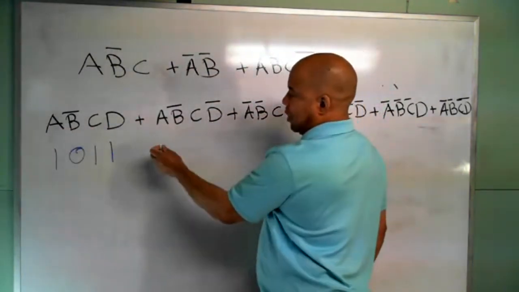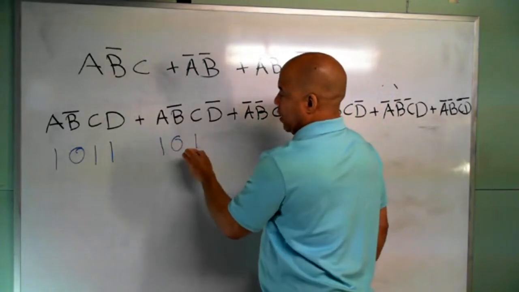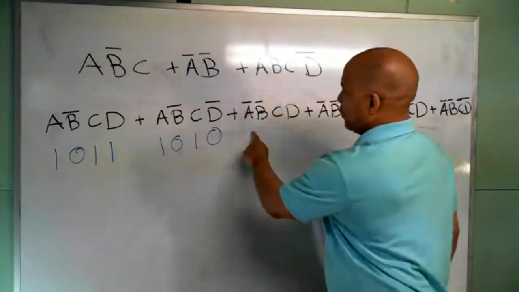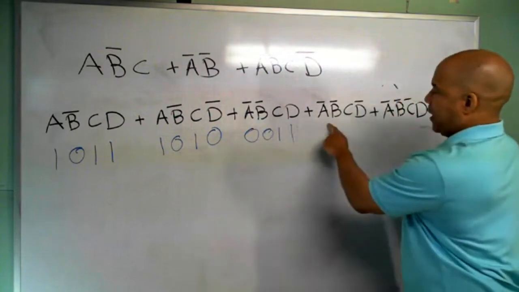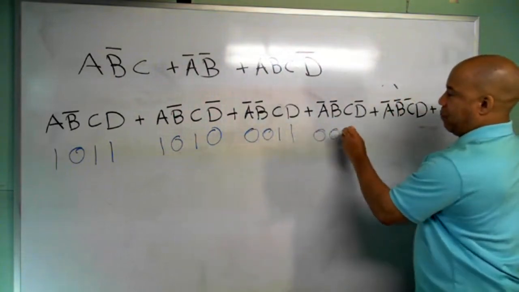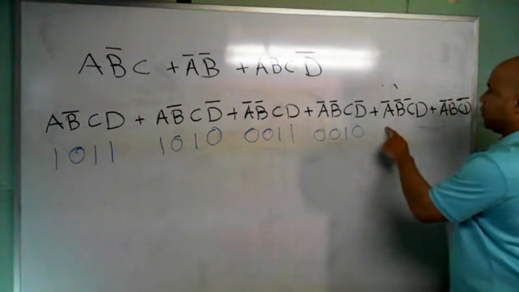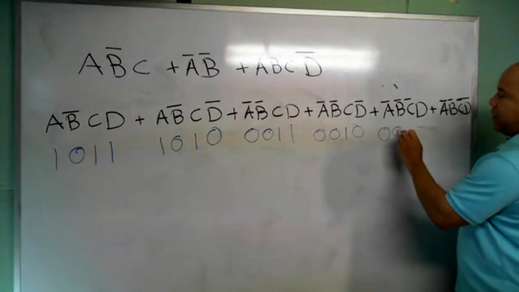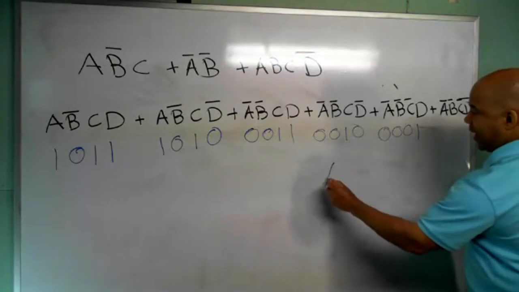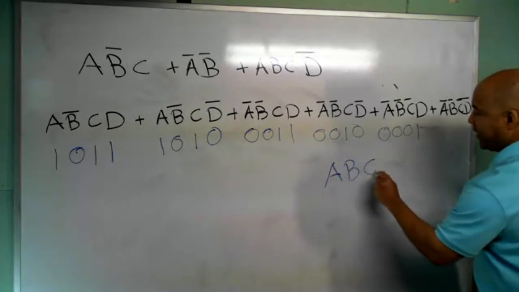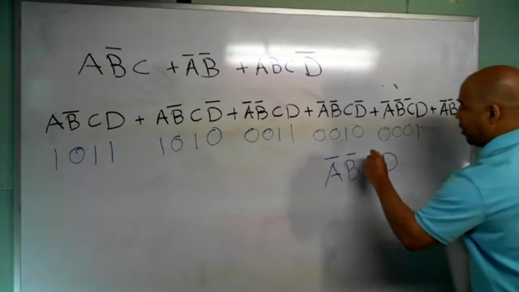The binary value of this term would be 1, 0, 1, 0. This would be 0, 0, 1, 1. This would be 0, 0, 1, 0. This would be 0, 0, 0, 1. And these, I don't know if you can see that, but what I have is A, B, C, D, and they all have bars.